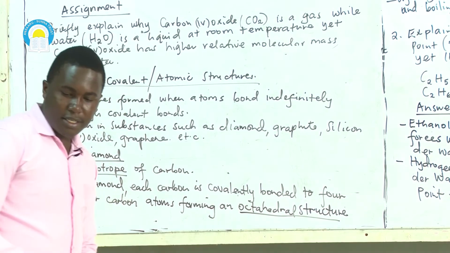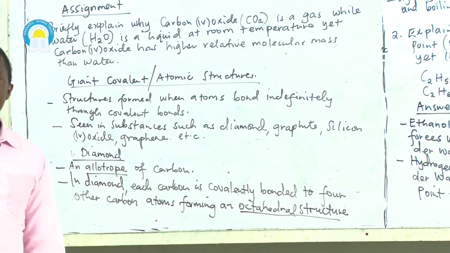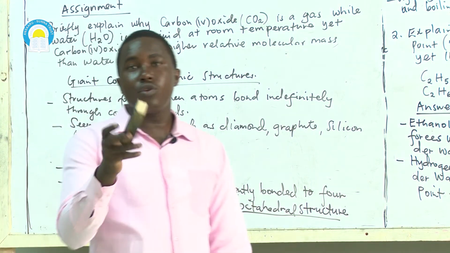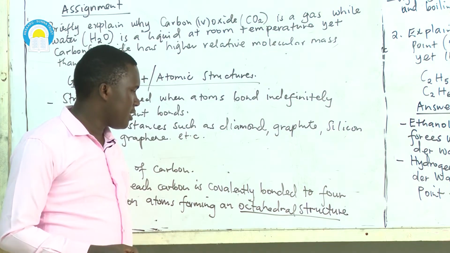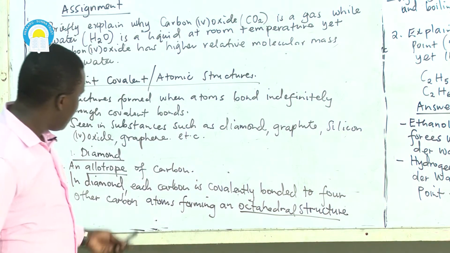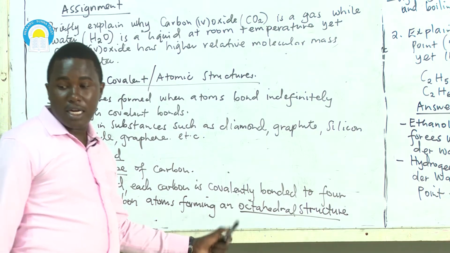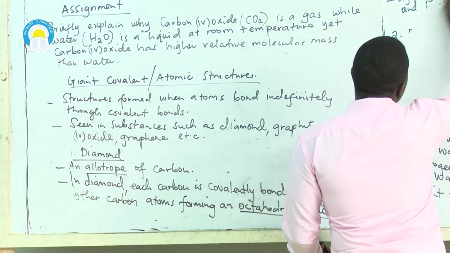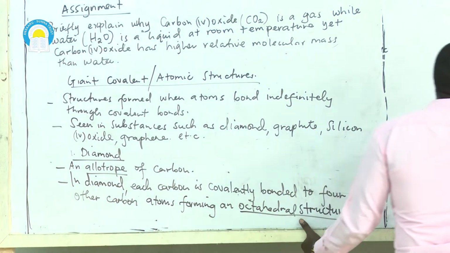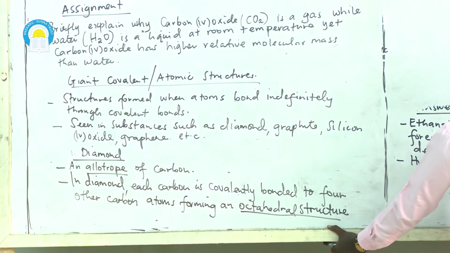So in diamond, all the valence electrons are used in bonding. And that's why each carbon atom will be bonded to 4 other carbon atoms covalently, forming an octahedral structure, which is now the giant covalent structure.